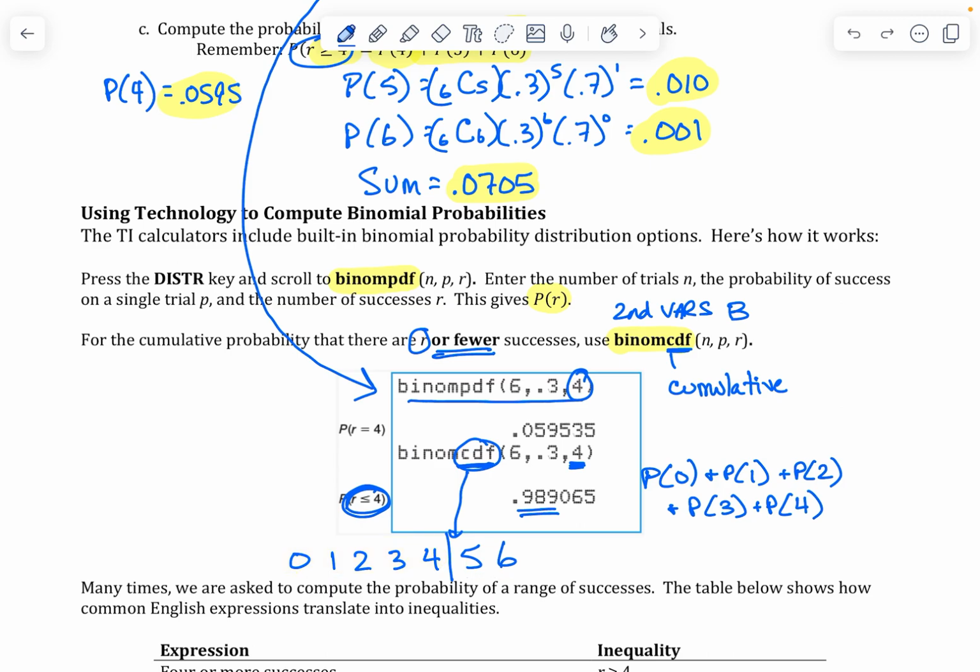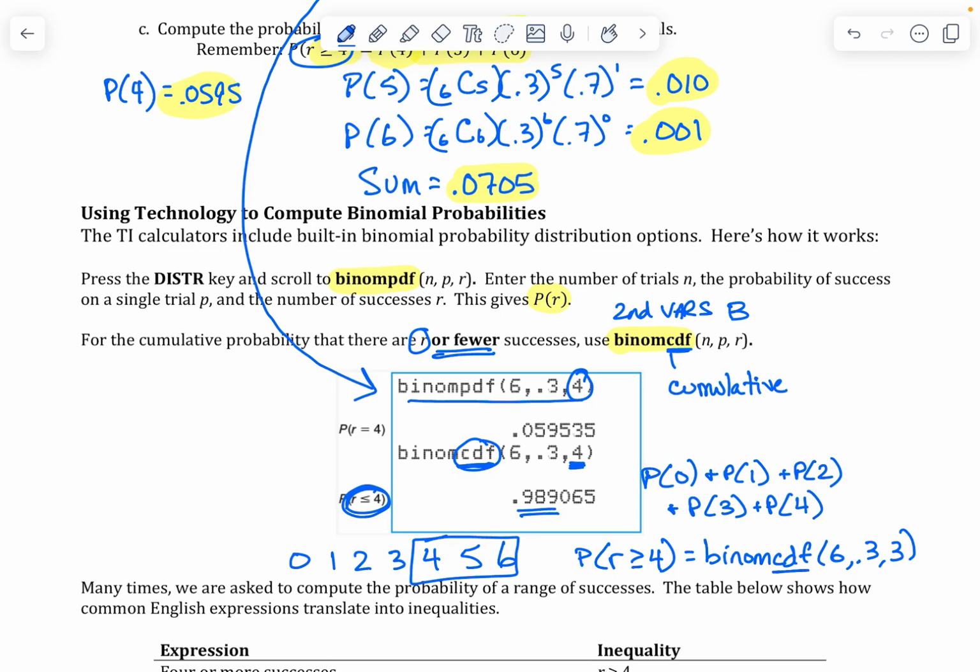So if you wanted to do the answer to part C, so the probability of R being greater than or equal to 4, you would have to use these numbers. Now the calculator doesn't go greater than, it only goes less than. So you would have to use binomial CDF for 6, 0.3 and then 3. So it gets a little tricky here.